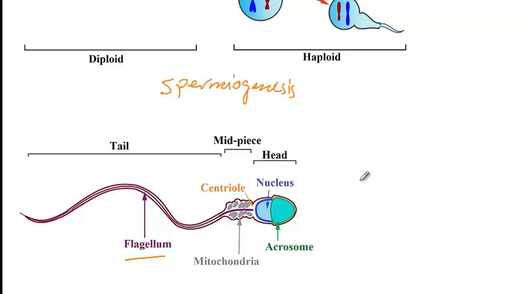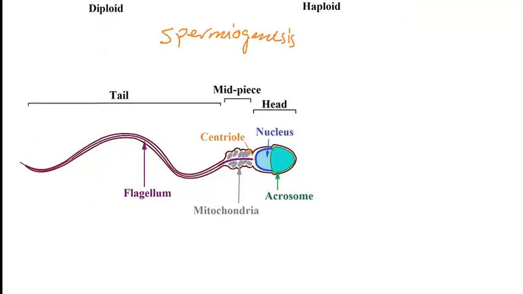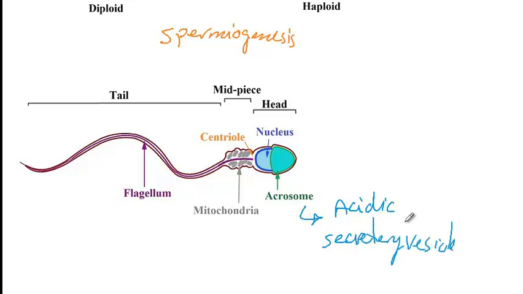So now let's go through details about the function of every one of these structures. Alright, so first let's talk about acrosome. This is basically an acidic secretory vesicle, and it's derived from Golgi apparatus that contains the hydrolytic enzymes required for the sperm to penetrate the wall of the egg.